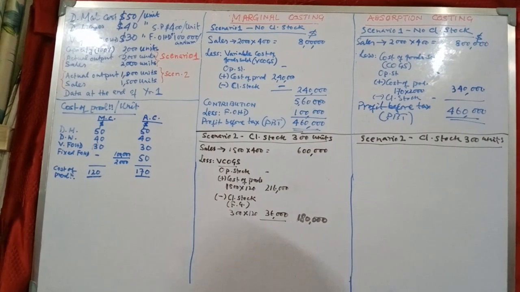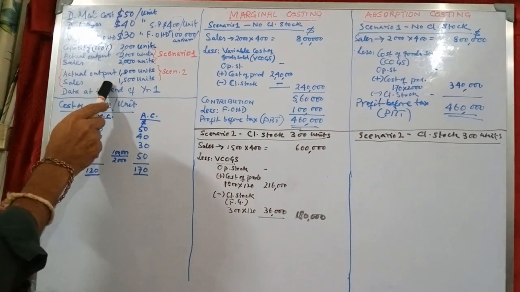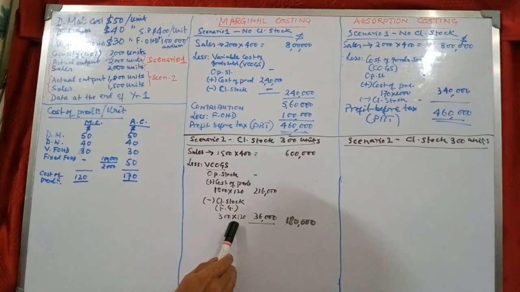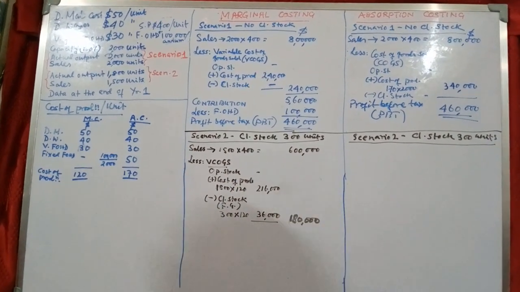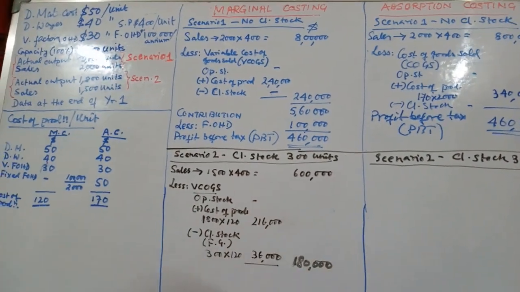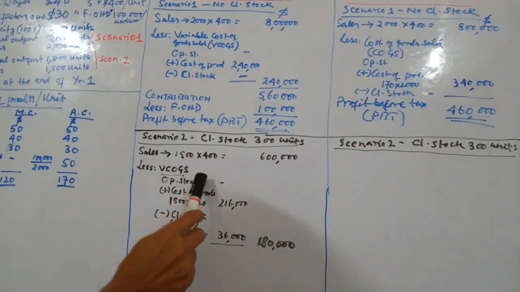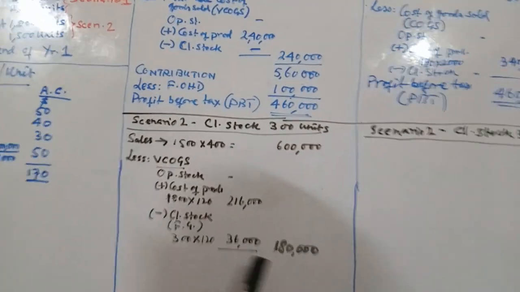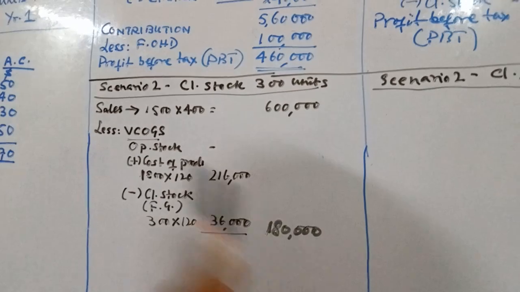What is the closing stock? Actual production minus sales, that is 300 units. So 300 into 120, that gives us 36,000. So opening stock plus cost of production minus closing stock is 180,000.